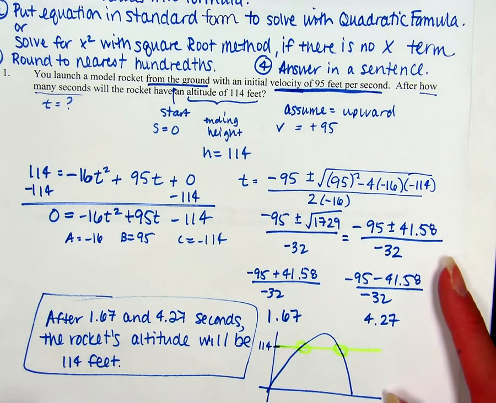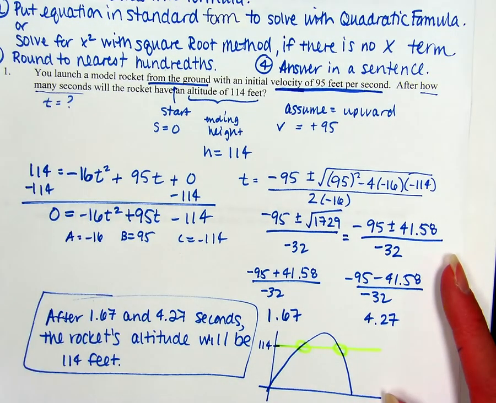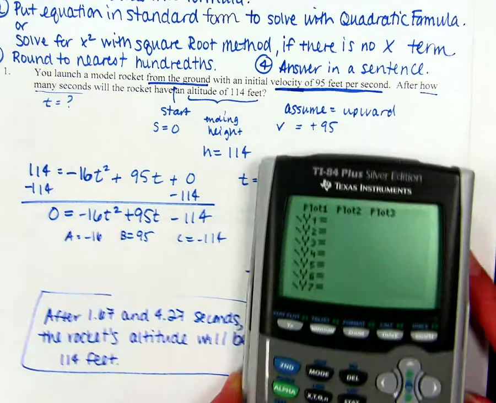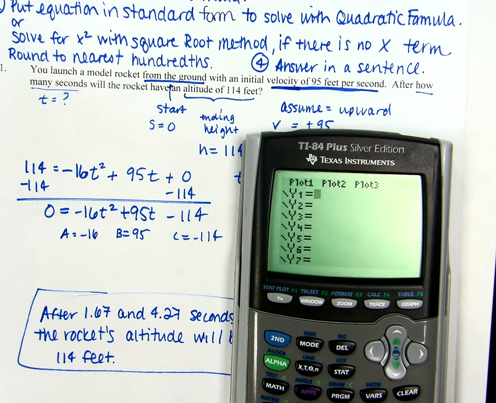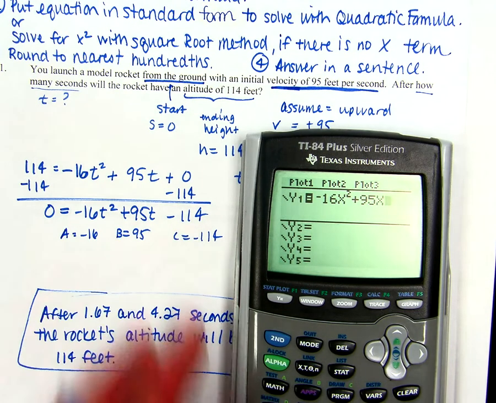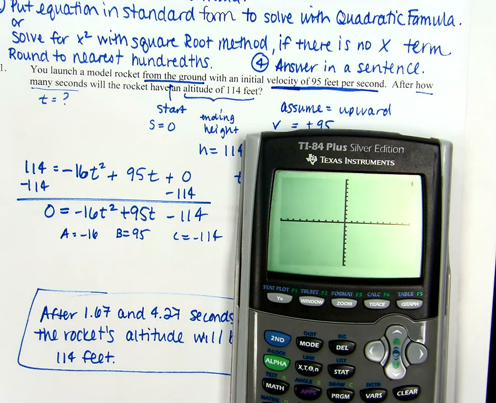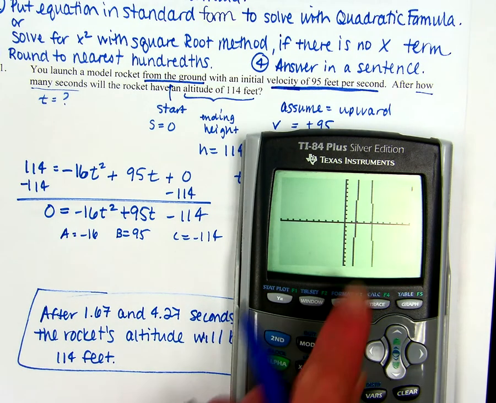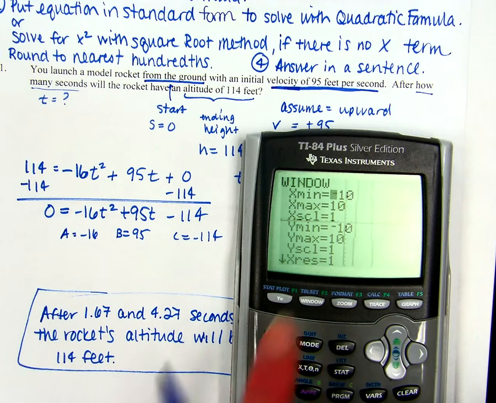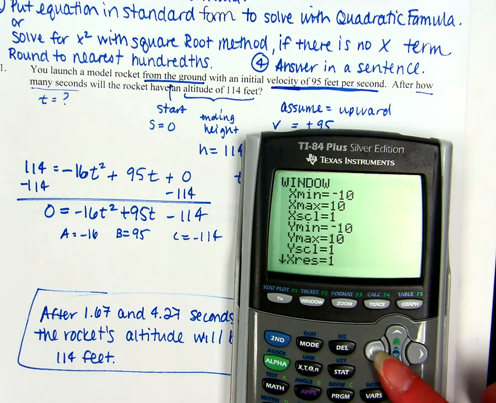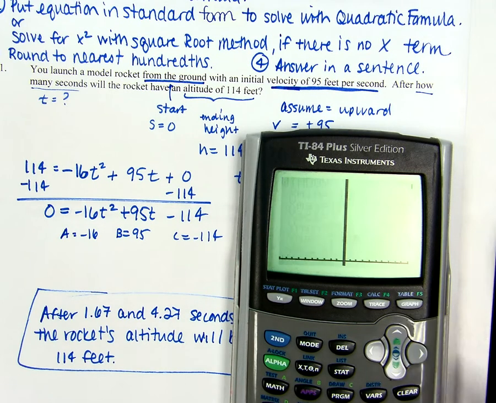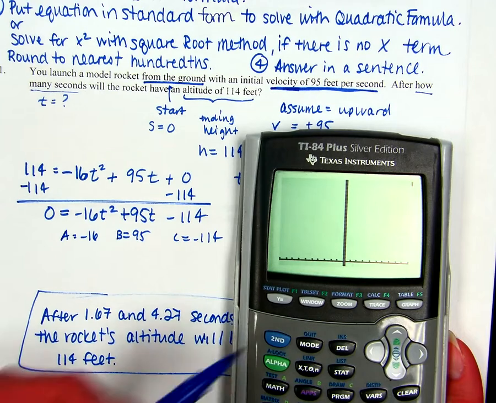So one other thing you can do is you could put this in your calculator. You could graph negative 16t squared plus 95t minus 114. Now it goes up and down, and if I change my window to make my y max like 200, you'll be able to see it better. So there's the path.